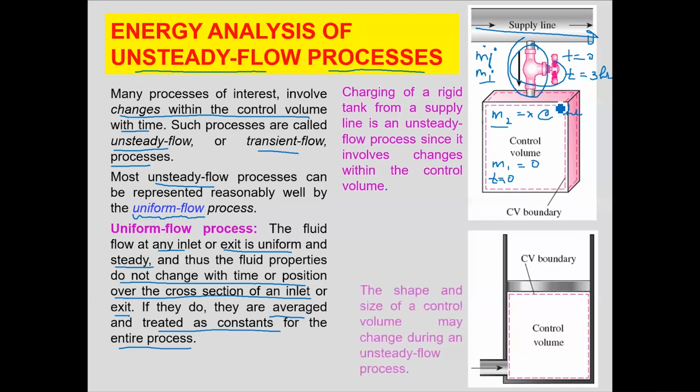Again, you could have another example where the volume and shape or size of the control volume changes. Mass is coming into the system with time, and the boundary is moving ahead. So the control volume shape and amount of the mass in the control volume is changing. But whatever is entering through the system is entering at a steady state rate.